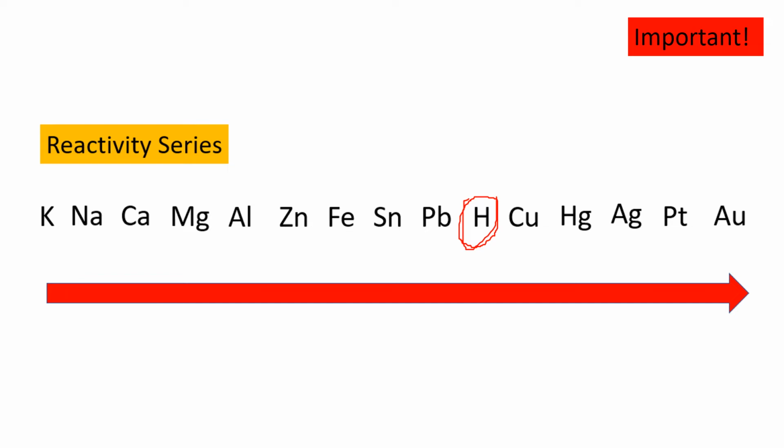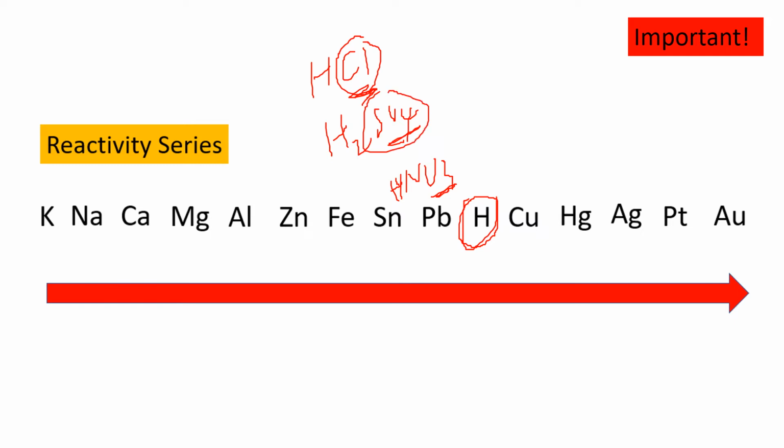It's because all acids contain hydrogen. Think about it: hydrochloric acid, HCl, sulfuric acid, H2SO4, nitric acid, HNO3. The negative ions, or anions, can be chloride, sulfate, and nitrate. But the positive ion, the cation, is always hydrogen.